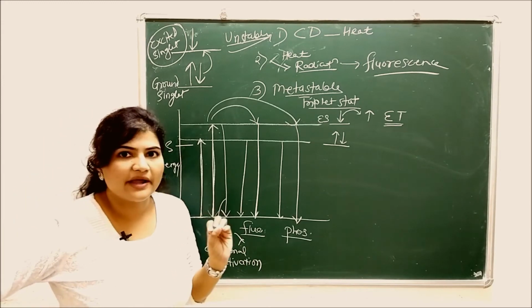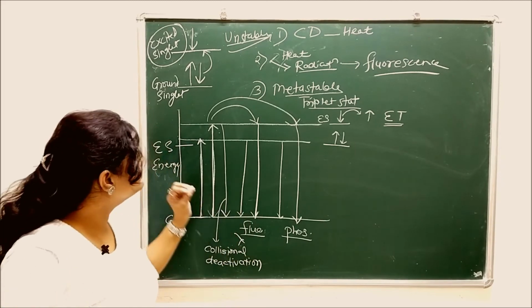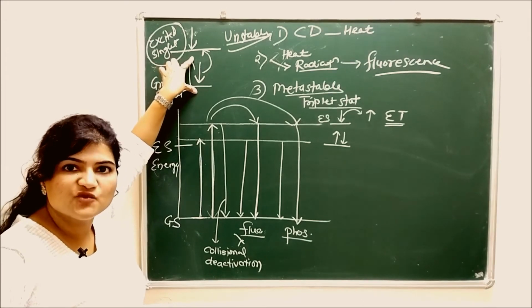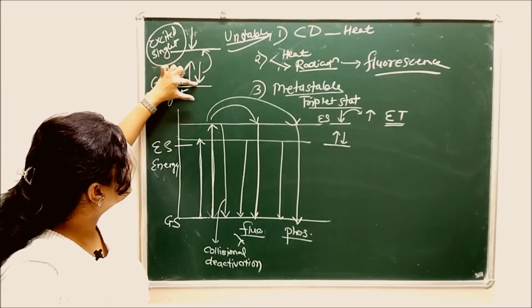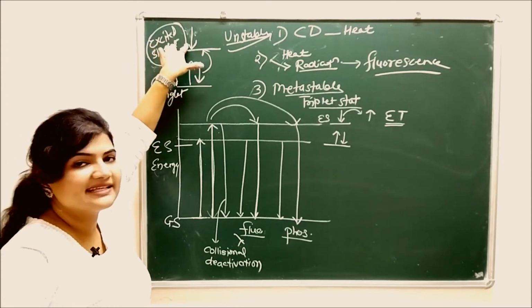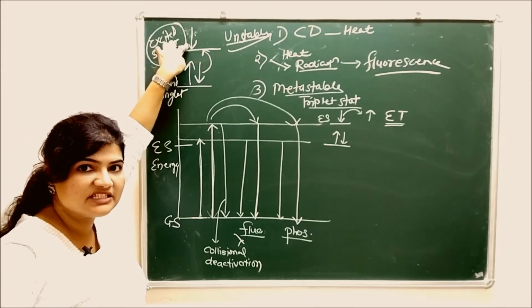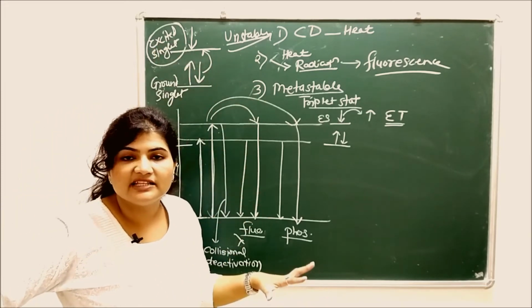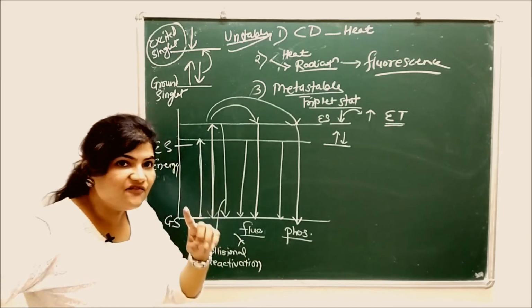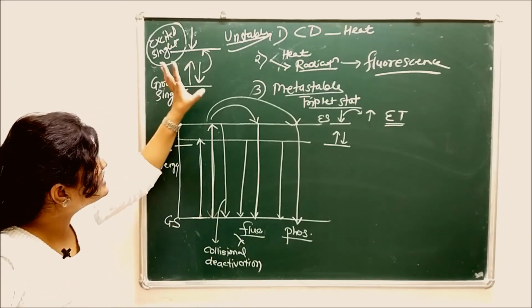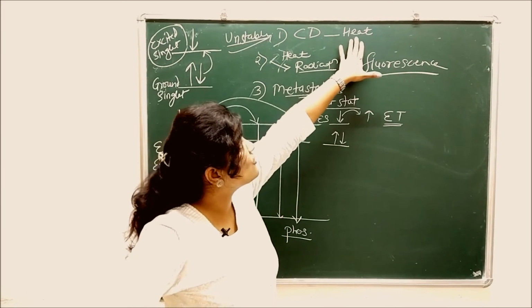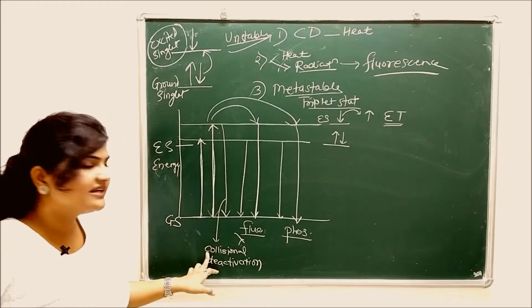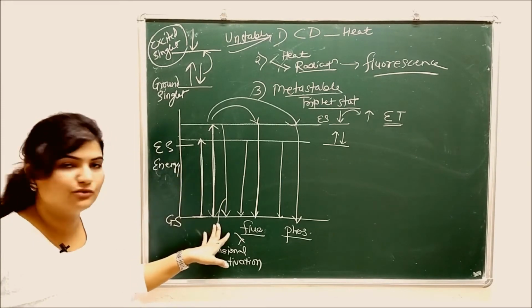I'll just wind it up and revise it one more time. When the electrons in the ground singlet state absorb the energy, one of the electrons will go to the excited singlet state without changing the spin. Now if it wants to come back to the original energy level, it has three options. In the first option, it will directly lose the excess energy in the form of heat due to collisions between atoms, and this is referred to as collisional deactivation. The molecule will come back to the ground singlet state.